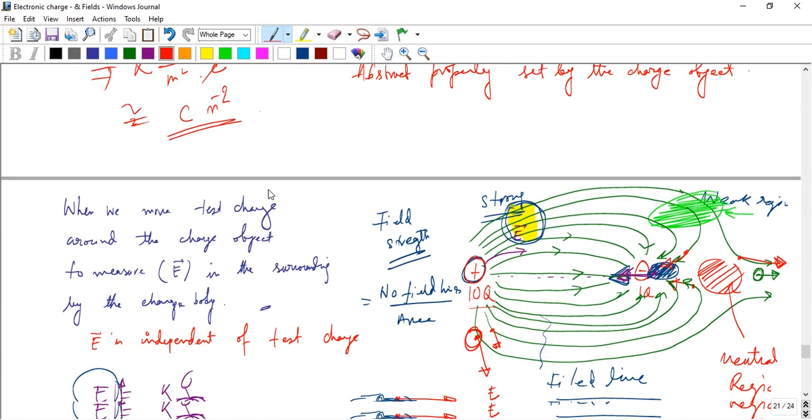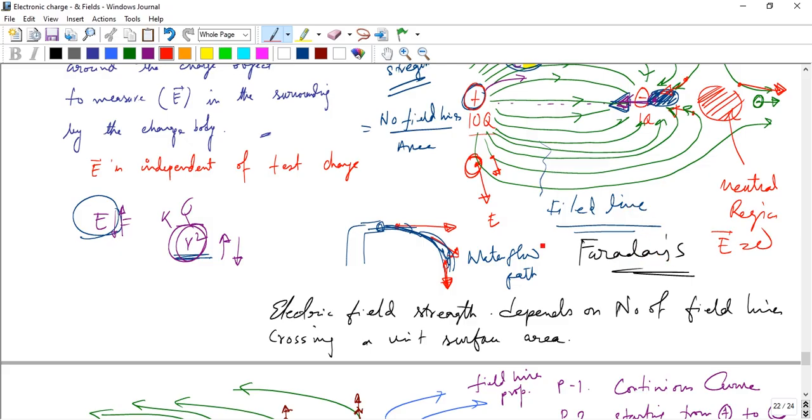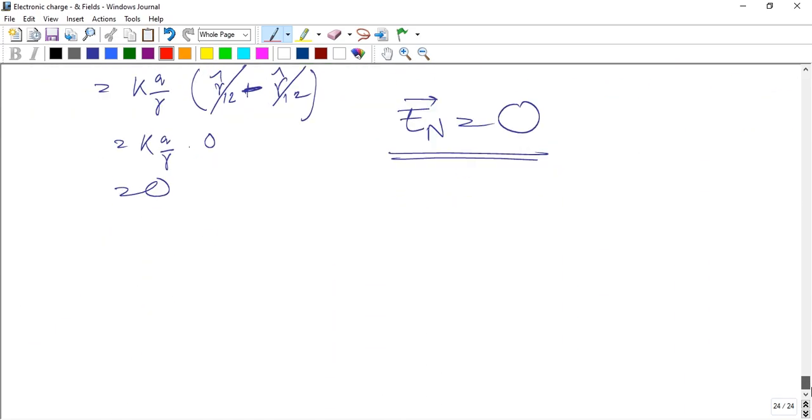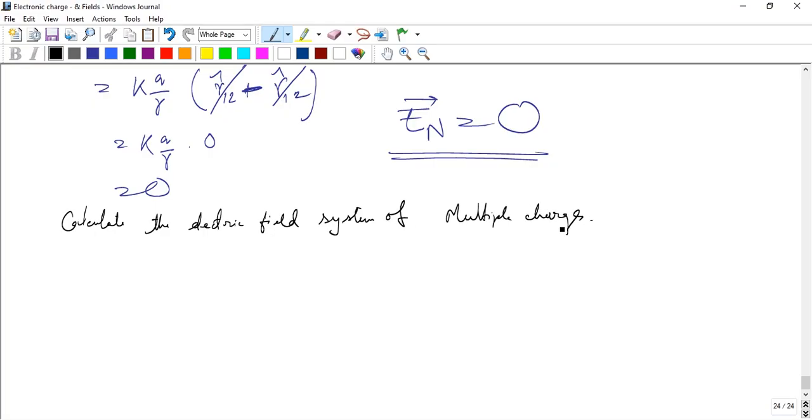If a system has multiple charges, what will happen?